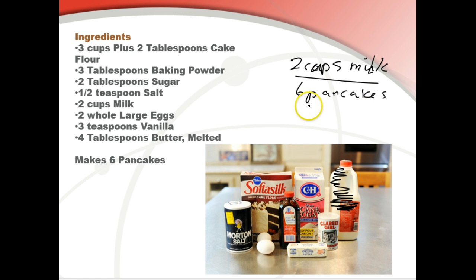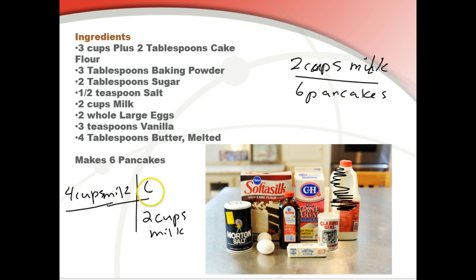That was our conversion factor. So if we had 4 cups of milk, we have 4 divided by 2 times 6, which gives us 12. And that's what you did in your head.